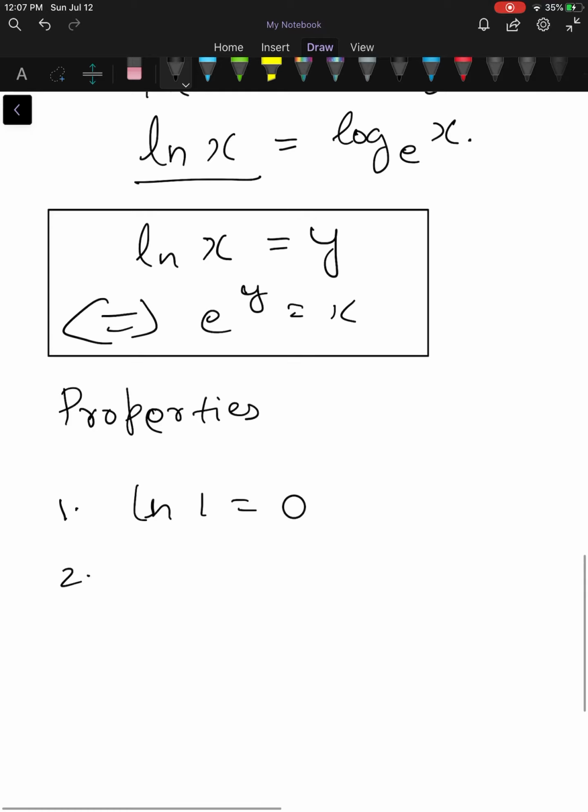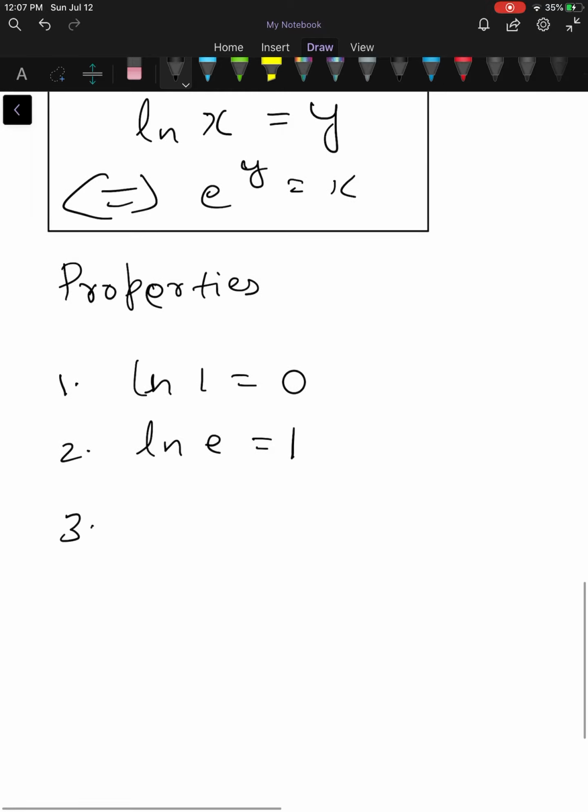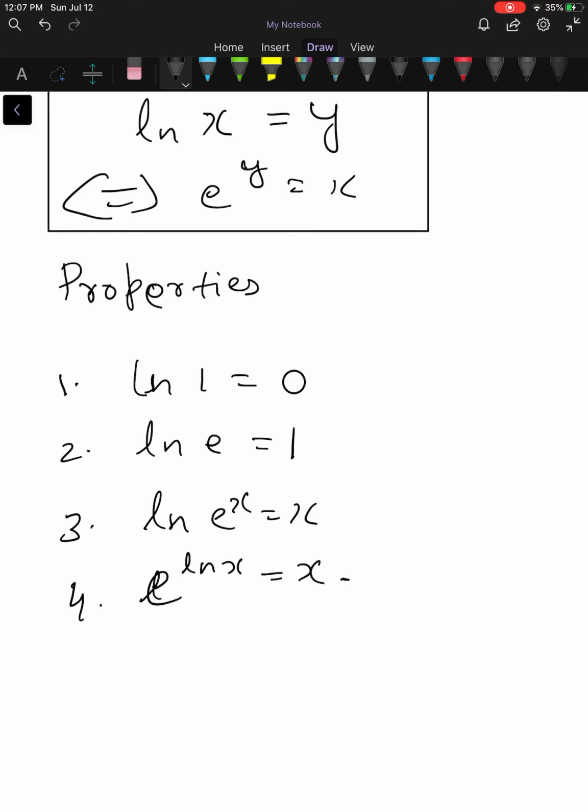The properties are: first, ln of 1 is 0; second, ln of e is 1; third, ln of e to the power x is x itself; fourth, e to the power of ln x is x itself.